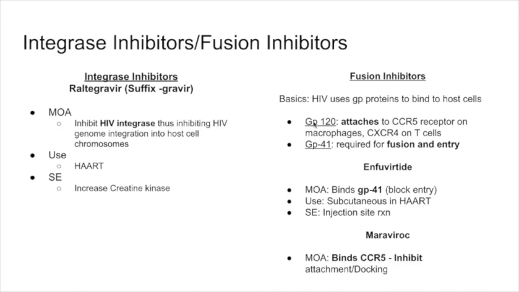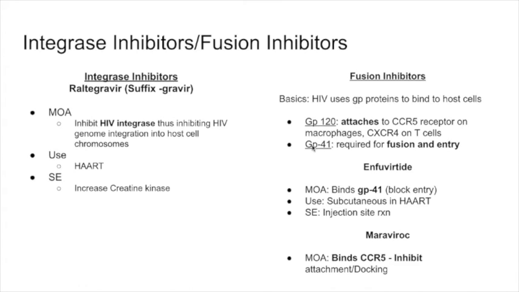The GP120 on the HIV virus attaches to receptors. These are the CCR5 receptor on the macrophage or the CXCR4 on the T cells. So GP120 on HIV goes two different ways, CCR5 on macrophages and CXCR4 on T cells.